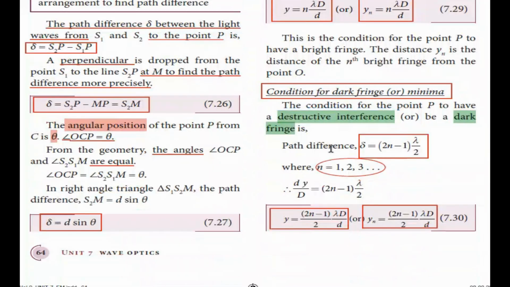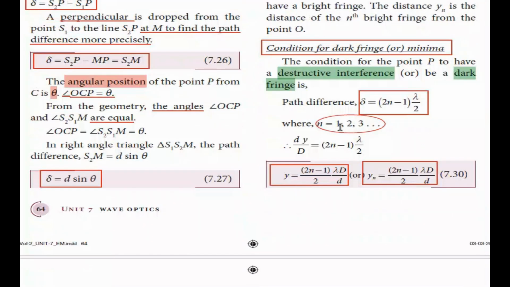Now let us see the condition for a dark fringe or minimum. The condition for the point P to have destructive interference or be a dark fringe is that the path difference delta is given by 2n minus 1 into lambda by 2. Here n is an integer, that is 1, 2, 3, etc. Therefore dy by D equals 2n minus 1 lambda by 2, or y equals 2n minus 1 into lambda D by d, divided by 2.